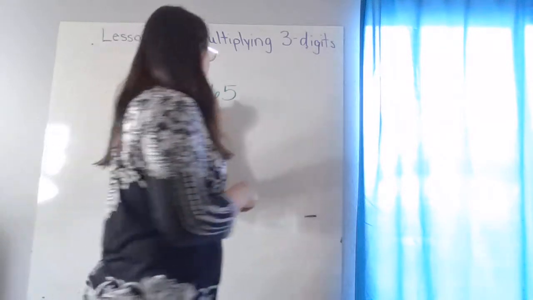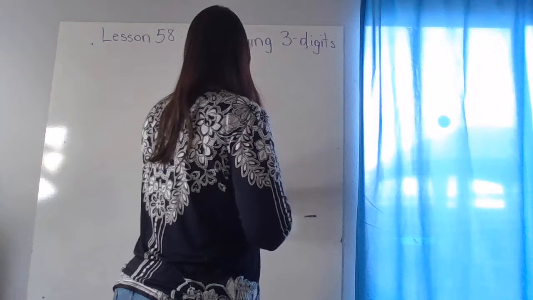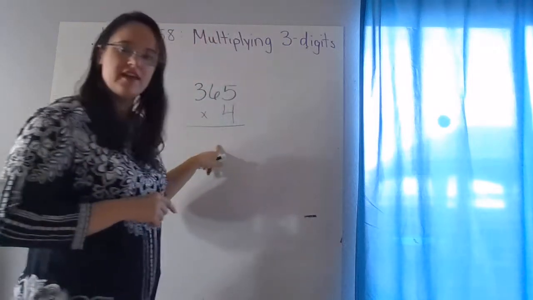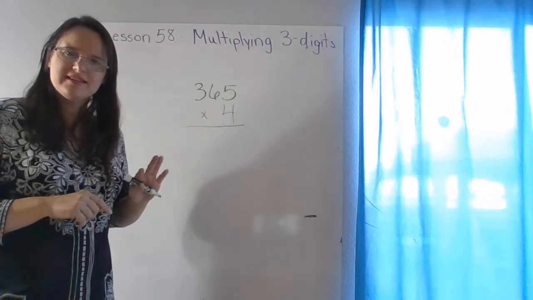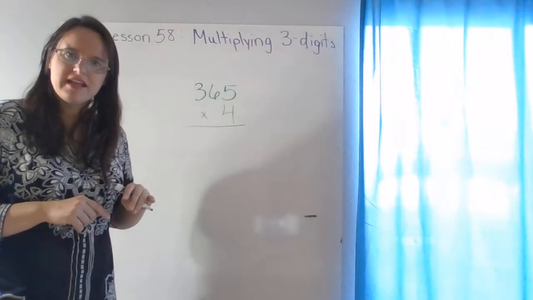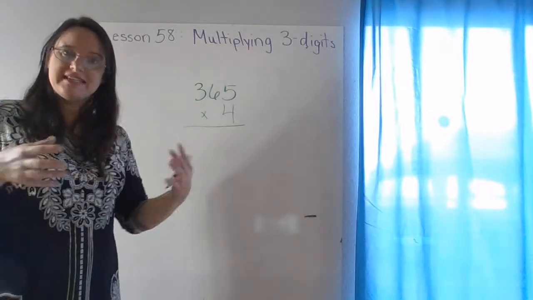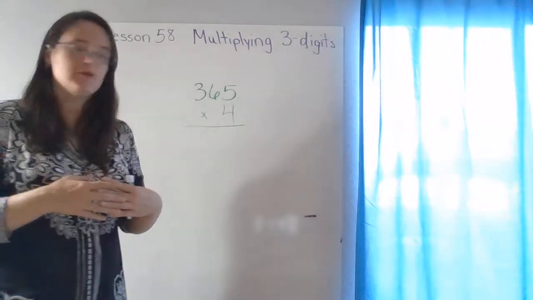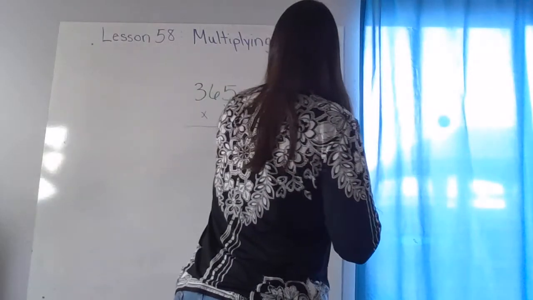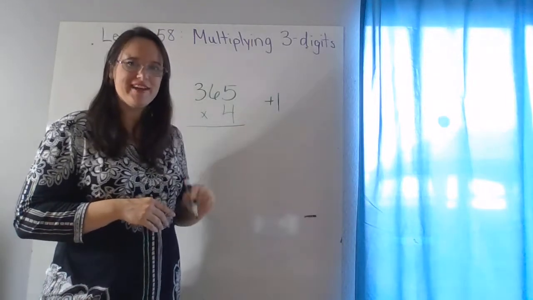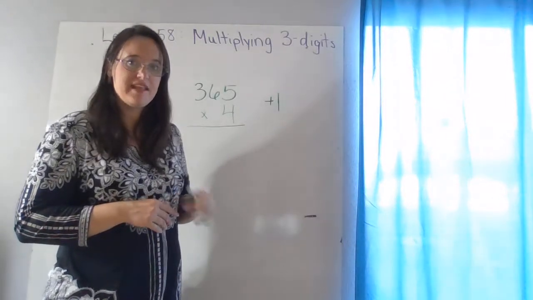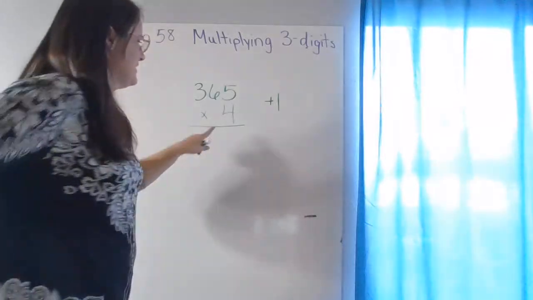So we have 4 groups of 365, but what about that day that I took away? It didn't make my groups even. I can't forget it because it's still a day in those 4 years. So I'm just going to put a +1 over there so that I don't forget to add it back in at the end.